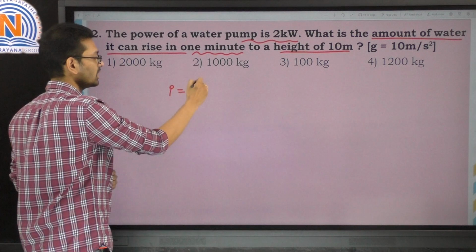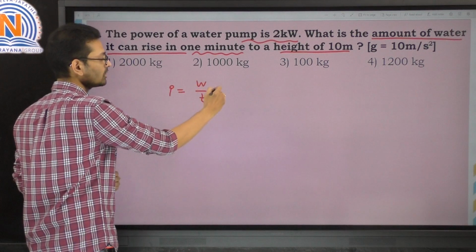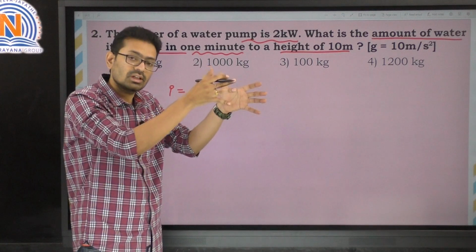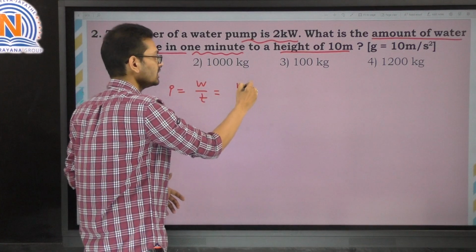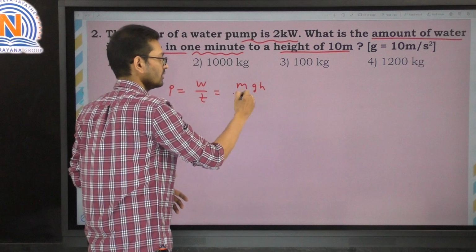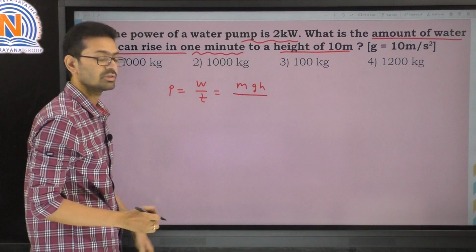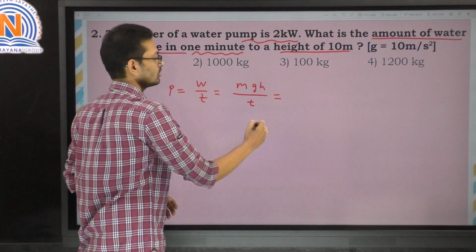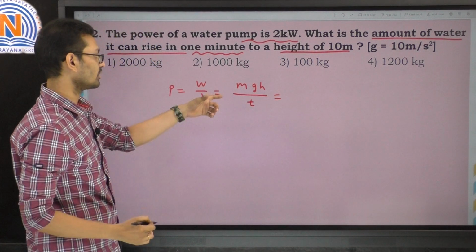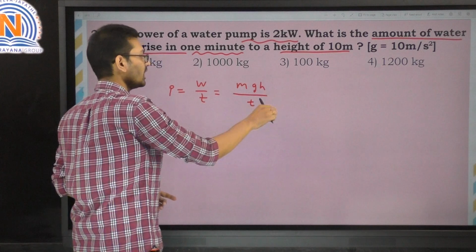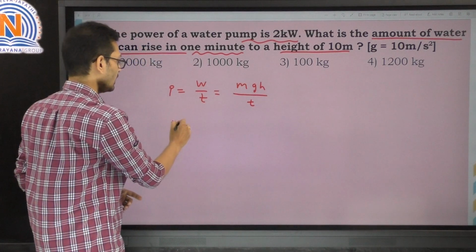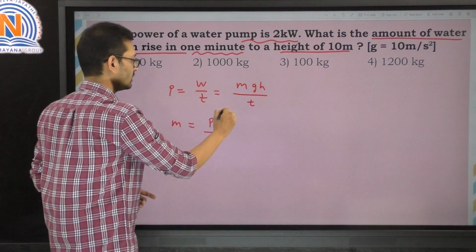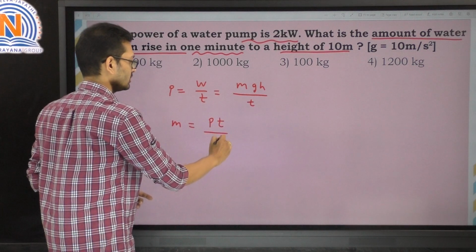P is equal to, again, work done by time. Work done in lifting an object to a certain height is nothing but mgh, so work here is mgh by T. From here, to get the mass, m is equal to P into T by gh.